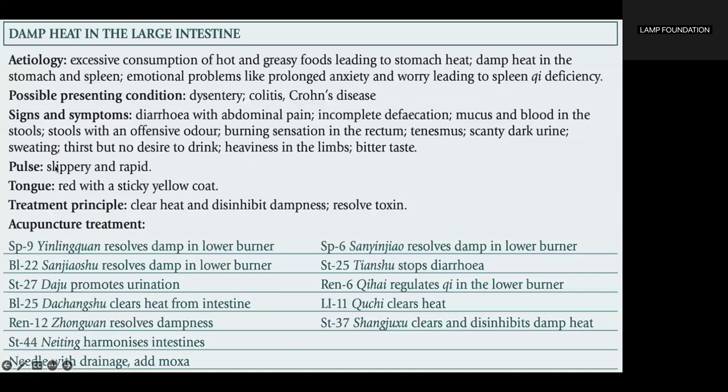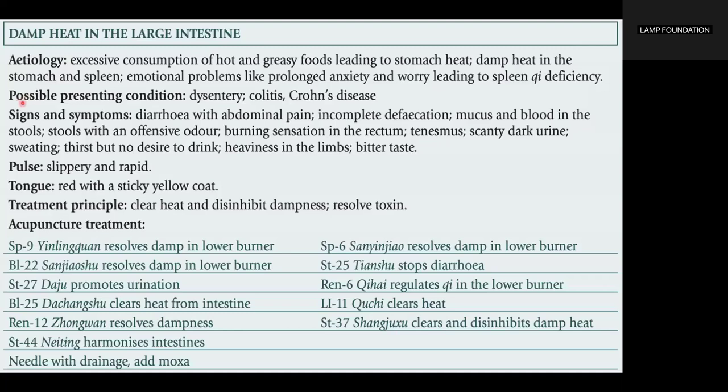So the etiology of damp heat in the large intestine is excessive consumption of hot and greasy foods leading to stomach heat, damp heat in the stomach and spleen, and emotional problems like prolonged anxiety and worry leading to spleen qi deficiency. Possible presenting conditions would be dysentery, colitis, Crohn's disease.